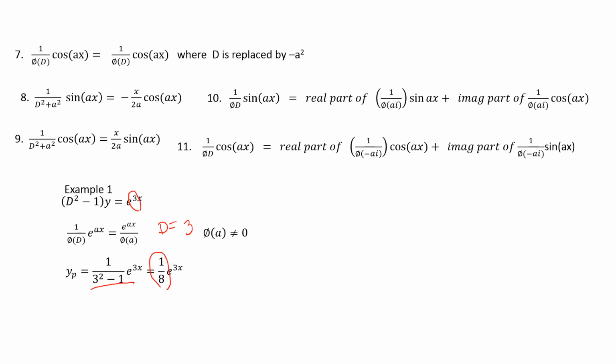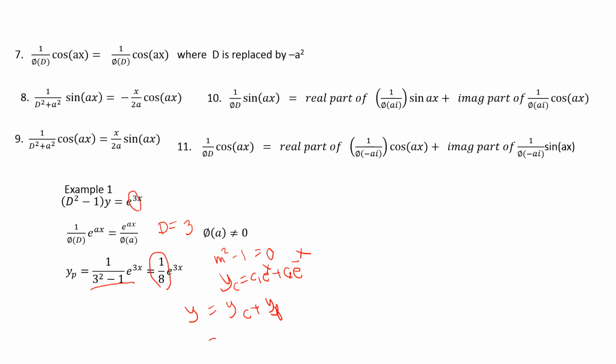That's a particular solution. If you want to find the complementary solution, of course, you have m squared minus 1 is 0. So your y sub c, the roots, of course, 1 and negative 1, is c1 e to the x plus c2 e to the negative x, and your y is just y sub c plus y sub p.